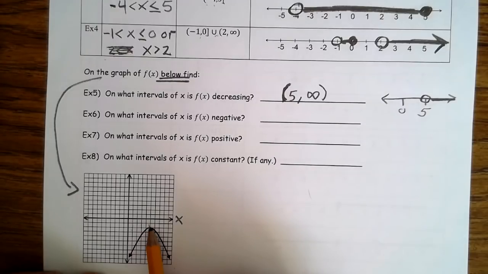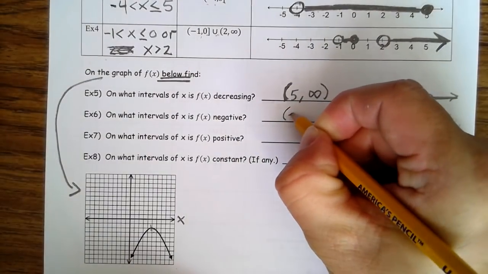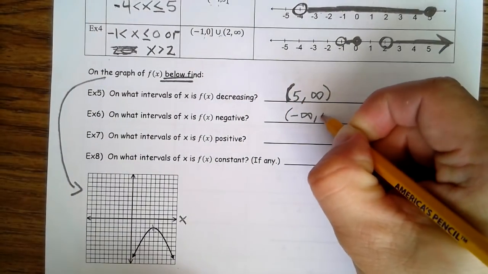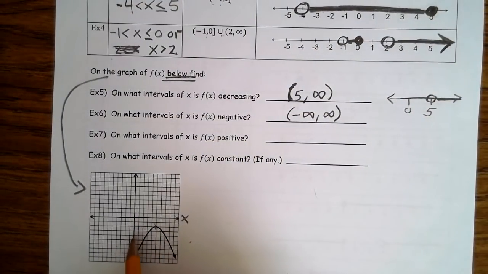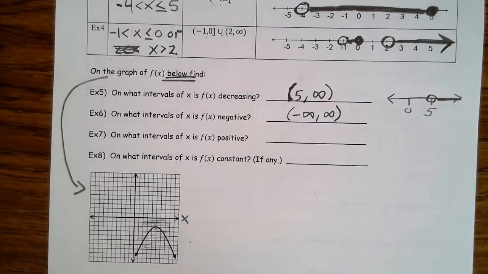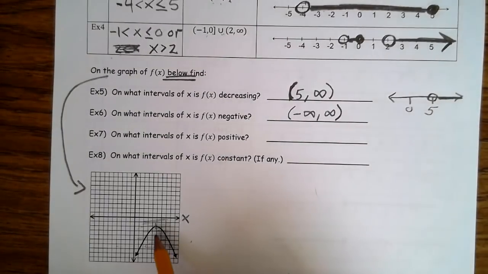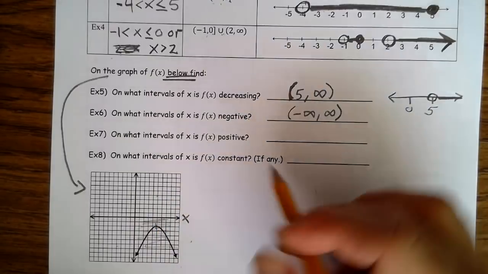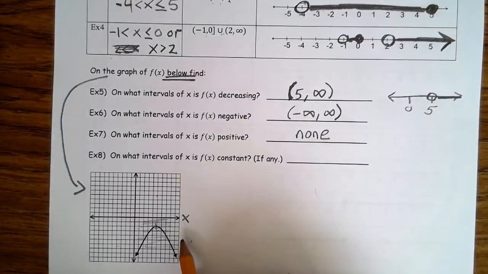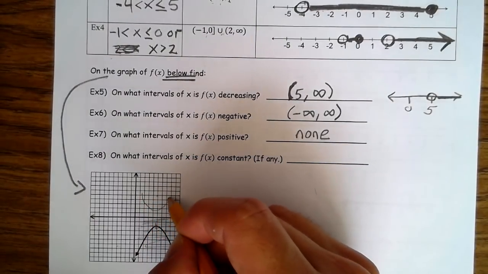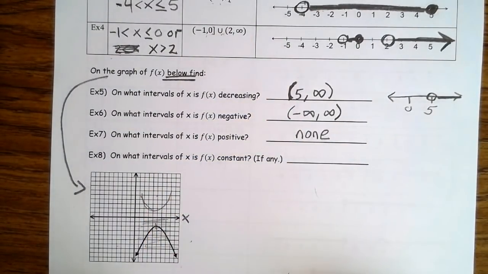I'm saying from negative infinity to positive infinity, because from here it's all negative. All of this is negative. All right. On what interval of x is f of x positive? Well, it never is positive, so the answer is none. An example of when it would be positive is if the graph were here, then the positive values would be here.